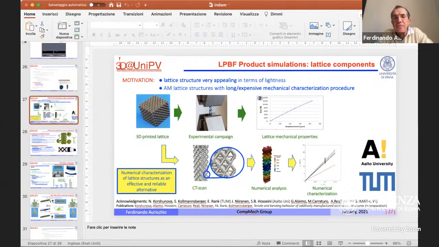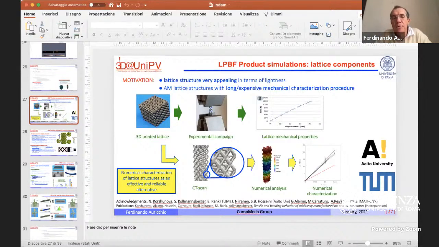If you really want my point, because we're working with companies, if you really want to produce a real piece, forget about lattice. If your technology precision is 40 microns, your smallest details should be 100 microns or more, no question.